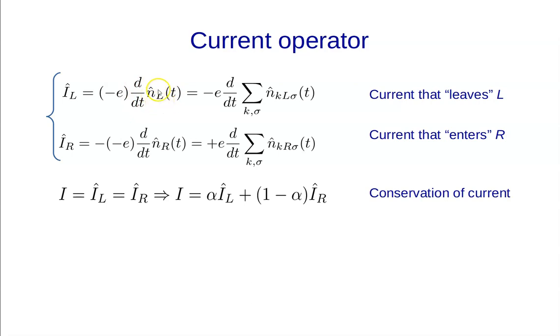This is the total number of electrons there, sum over k and sum over sigma at lead L, right? And this is written in the Heisenberg picture, so it is time dependent. If I multiply this by the charge, which is minus e, that gives me the current that is flowing out of lead L.